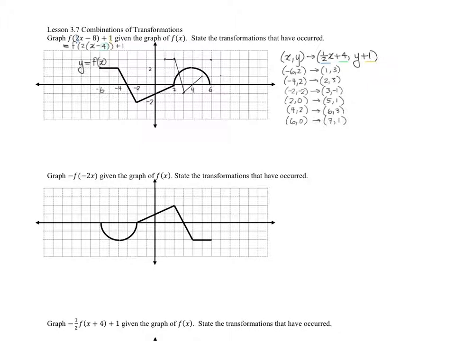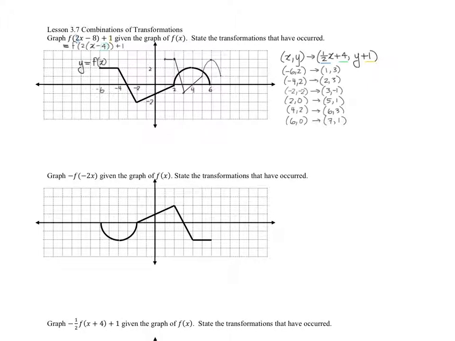And I'm just going to make this part, you can see is a semicircle, so that means these last points have to be connected in a semicircle shape as well. So here I go, and there's my transformed function, horizontally compressed by a factor of half, translated 4 units to the right and 1 unit up.